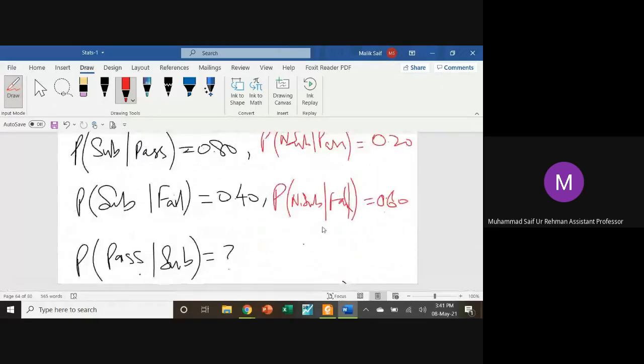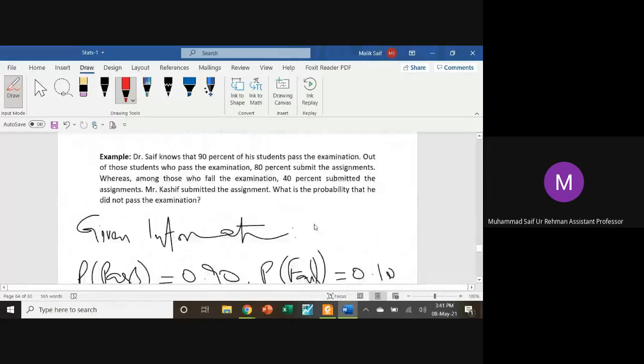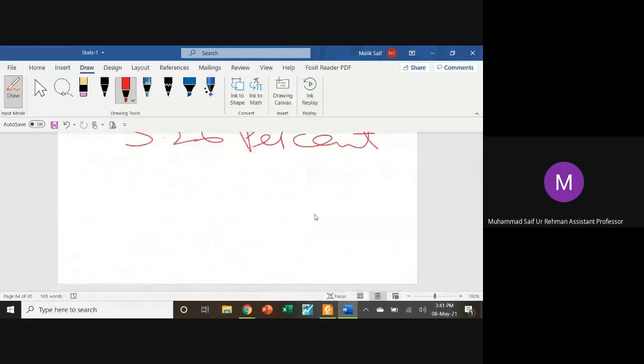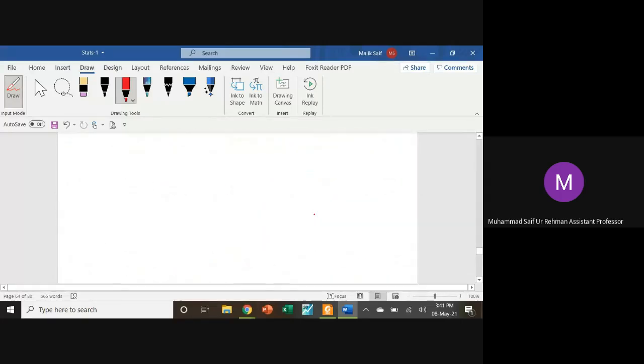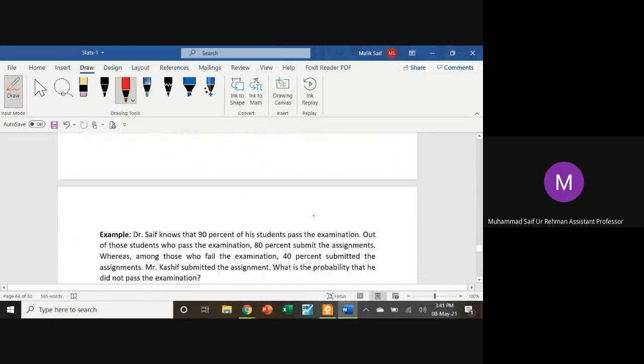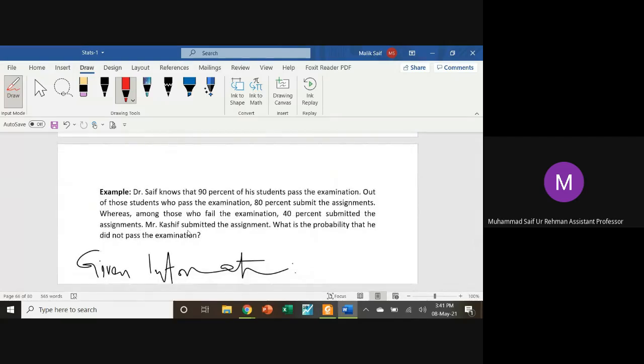Okay, so now try other scenarios that are given in your book, or you may change these scenarios as I have explained. You may take the situation where you write down here Mr. Kashif did not submit the assignment, did not pass the examination, or submitted the assignment, passed the examination, submitted the assignment, did not pass the examination.